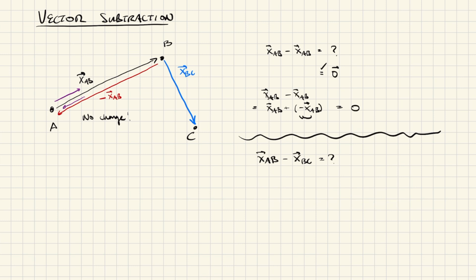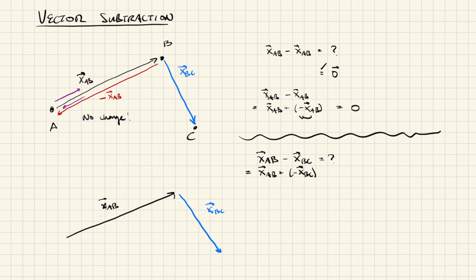Okay, let's go over the method for finding this resultant vector. So we're going to start by drawing vector xab, and we need to figure out what vector negative xbc is, right? Since what we're really doing is xab plus negative xbc. To do that, we can start by drawing xbc, and then recognizing that the negative sign has the effect of keeping the length the same, but just flipping the direction.